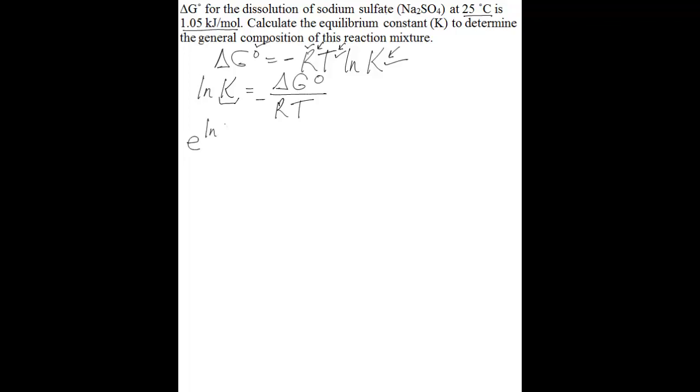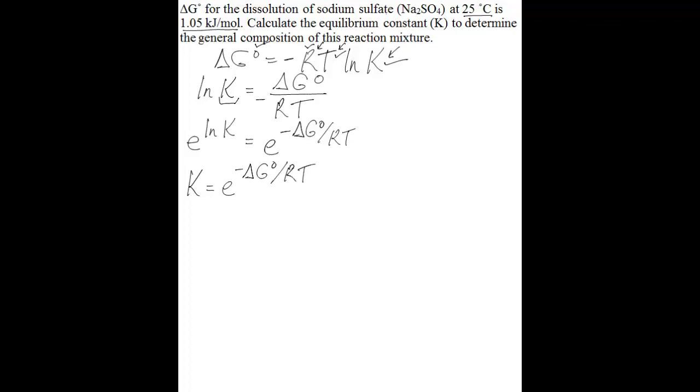So e to the ln K equals e to the negative delta G naught divided by RT. And that's going to give you K equals e to the negative delta G naught over RT. So all you need to do is plug in the terms that you know here.